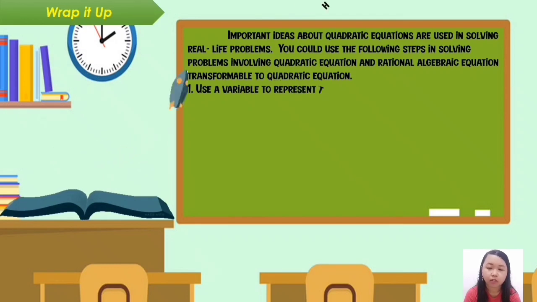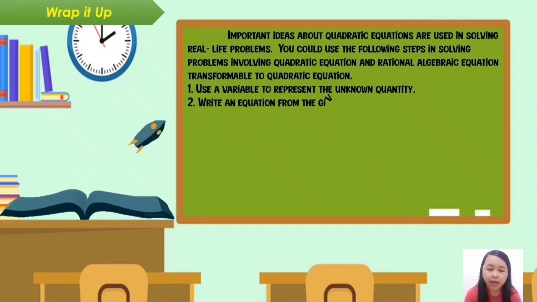Number 1. Use a variable to represent the unknown quantity. Most of the time, we are using x, but you could also use other variables aside from x. Number 2. Write an equation from the given information and write it in standard form.